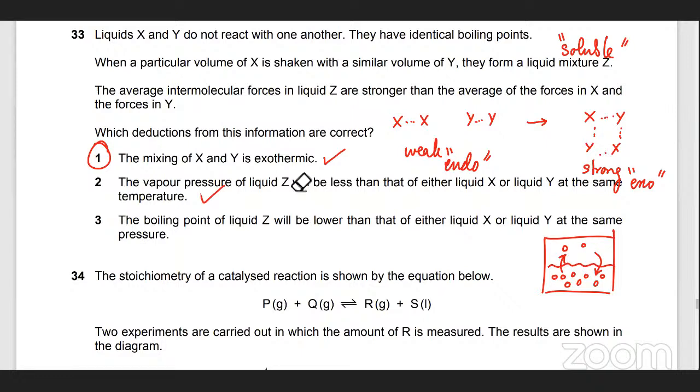So it's not going to evaporate easily. Liquid Z has stronger intermolecular forces, so there's going to be a lot less vapor produced, a lot less gaseous products produced in the container, and the vapor pressure is going to be a lot lesser compared to X and Y. Okay. Is this point clear as well?